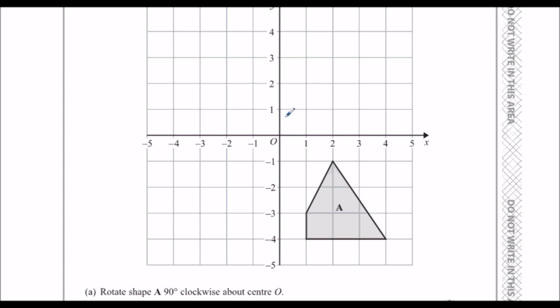So I would draw the shape on the tracing paper, mark where I'm starting, and spin the tracing paper around 90 degrees until the arrow is facing that direction, 90 degrees clockwise. And I should end up with a shape that looks like this.